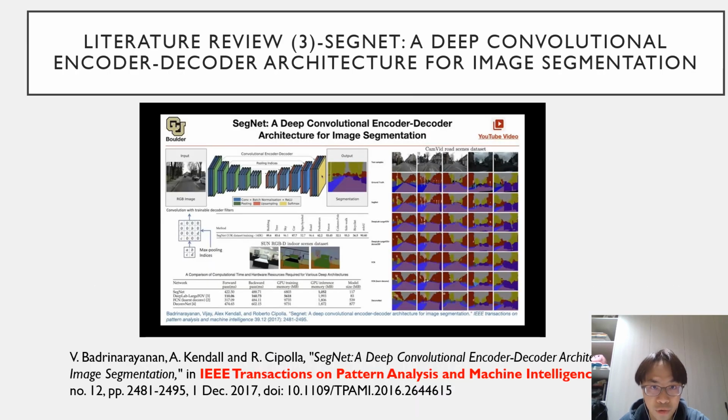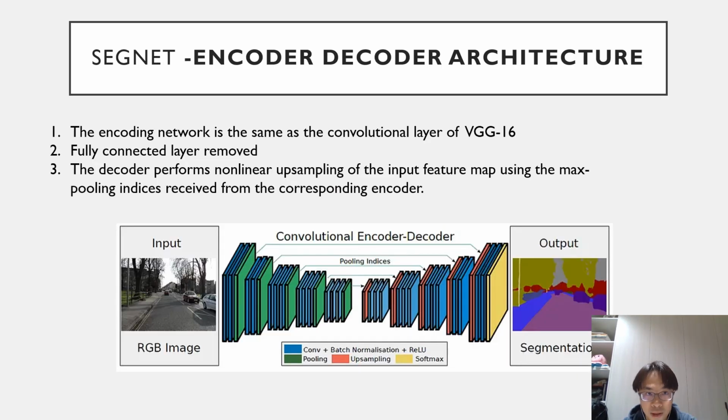The third lecture review is called SegNet, a deep convolutional encoder-decoder architecture for image segmentation. And this paper is from IEEE Transactions on Pattern Analysis and Machine Intelligence. And next, this is the SegNet encoder-decoder architecture.